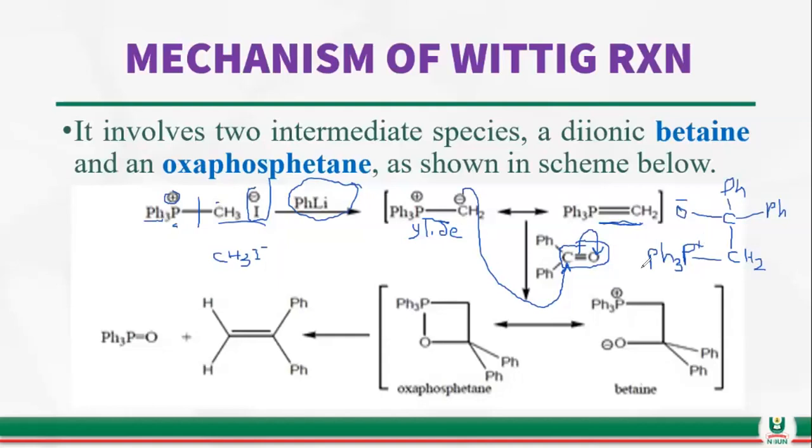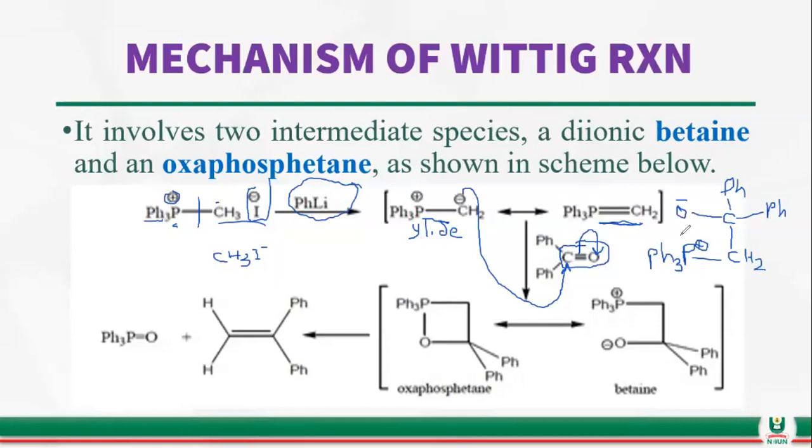So when this attacks this, you see what you have here? We have a positive charge and a negative charge all in the same molecule. And that means that is your betaine.